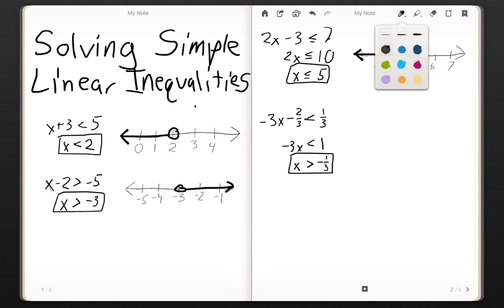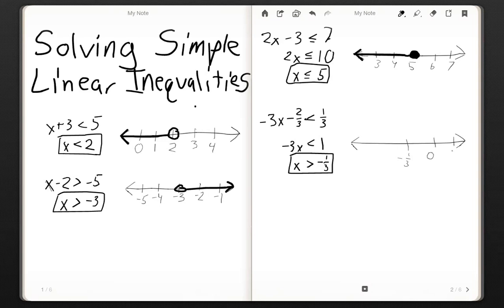Now let's see, how are we going to draw a number line with fractions? Well, again, when you draw a number line, you can really put any numbers that you want on it. You can use any scale of numbers. But since we have -1/3, we'll just count by 1/3 like that. And then this would be -2/3 and -1.